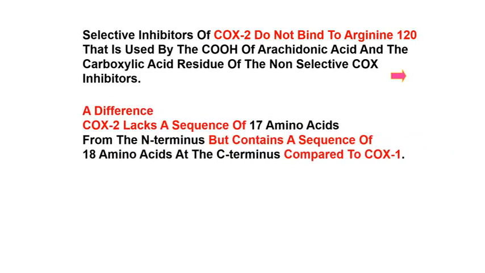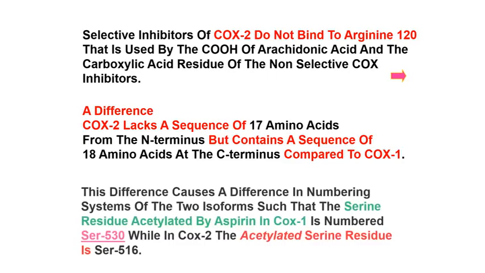Another teeny difference is that a sequence of 17 amino acids is switched in COX-2 from the N-terminus to the C-terminus, in comparison to COX-1.